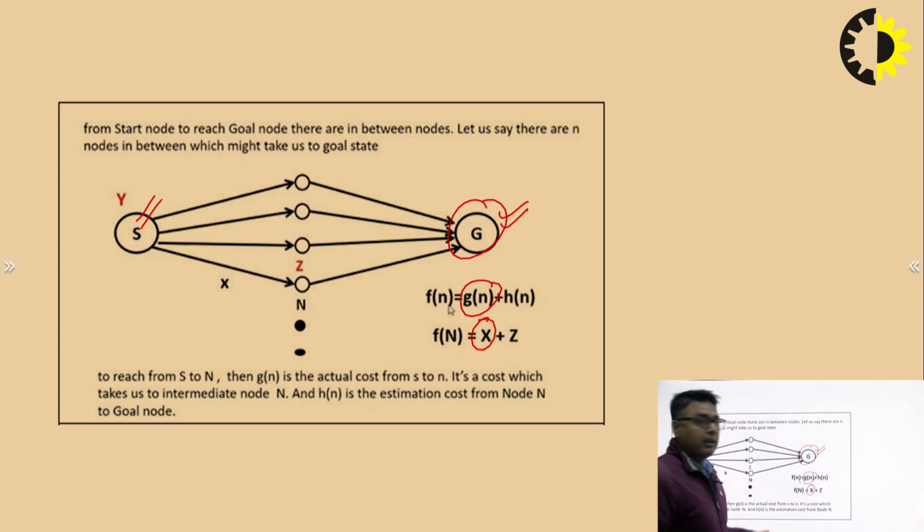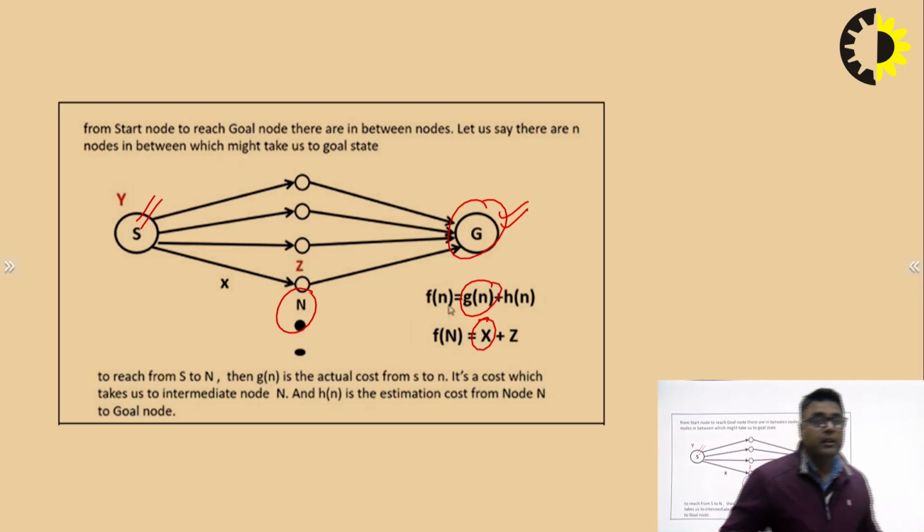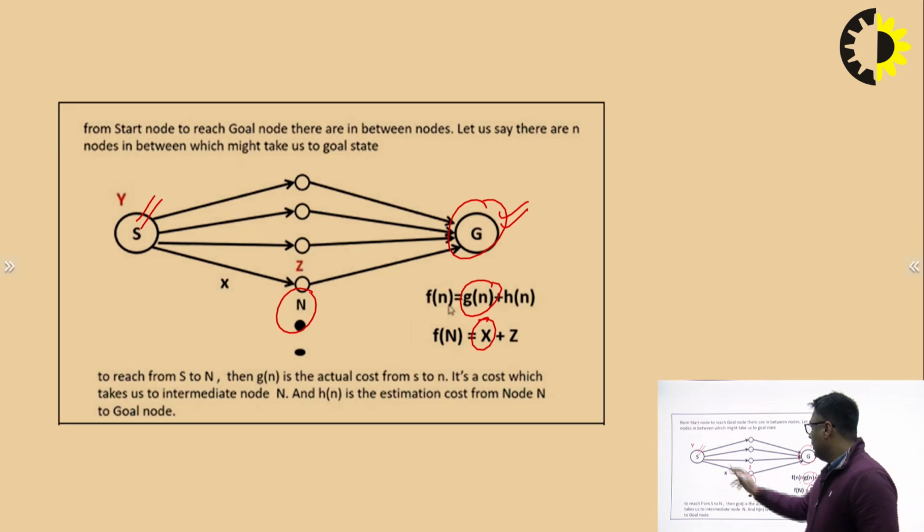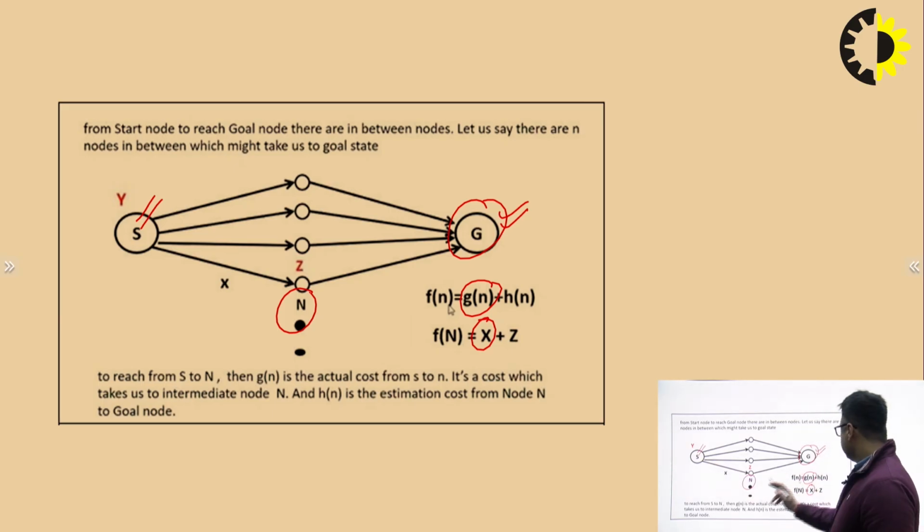Basically my work is to go from the start node to the goal node, and node N is the intermediate, middle node, which means passing through N, I have to reach the goal node. So my exact value from S to N is denoted Gn, and from N to G it is my heuristic value Hn.